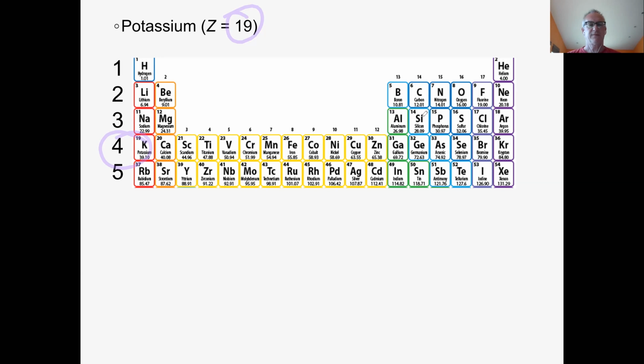So what noble gas are we looking at that's slightly smaller than potassium? Argon. Mm-hmm, argon, and so argon is here. So what would be the condensed, noble gas electron configuration for potassium?